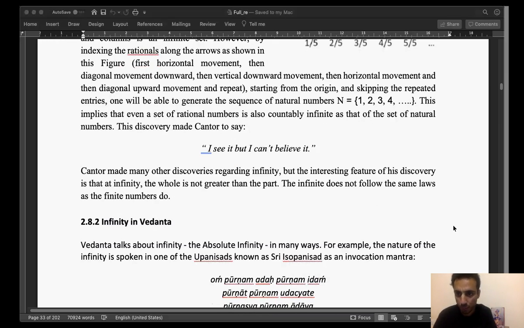Between any two numbers there are infinite numbers, then adding infinite times gives infinite. Yes. So our mathematics will completely break down.